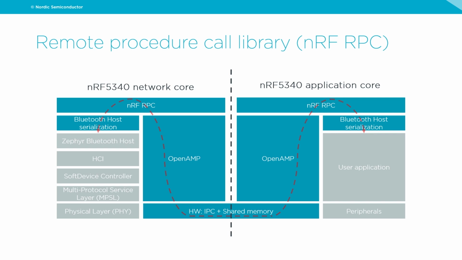Let's spend a minute analyzing the presented diagram. On the right-hand side, we see the nRF5340 application core, which runs a user application. When the user application calls a Zephyr Bluetooth host API, the call is serialized and sent to the remote processor using the remote procedure call library over OpenAMP transport.